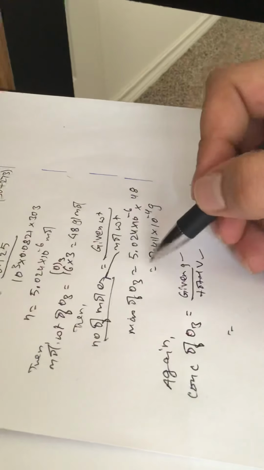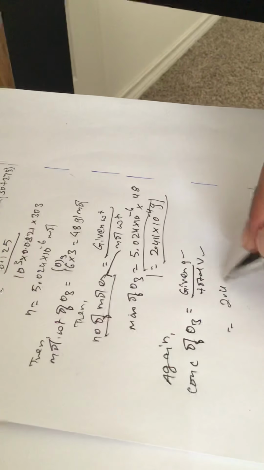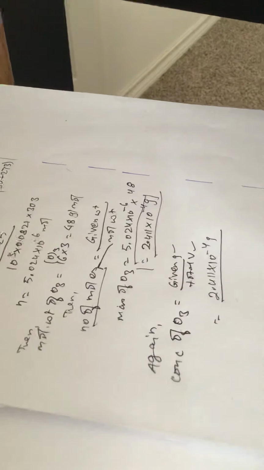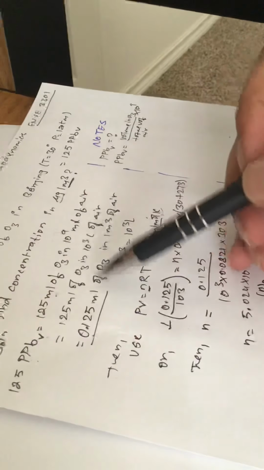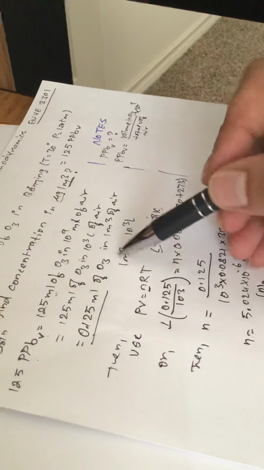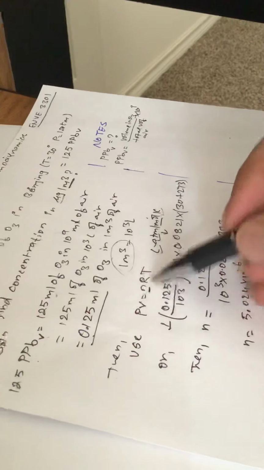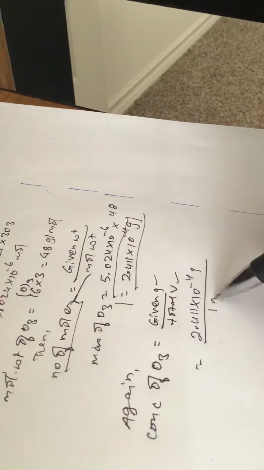We found the mass of O3 to be 2.411 times 10 to the power negative 4 gram, divided by how much volume? The volume is 1 meter cube of air, because we used the volume present in 1 meter cube of air to find the moles of O3.